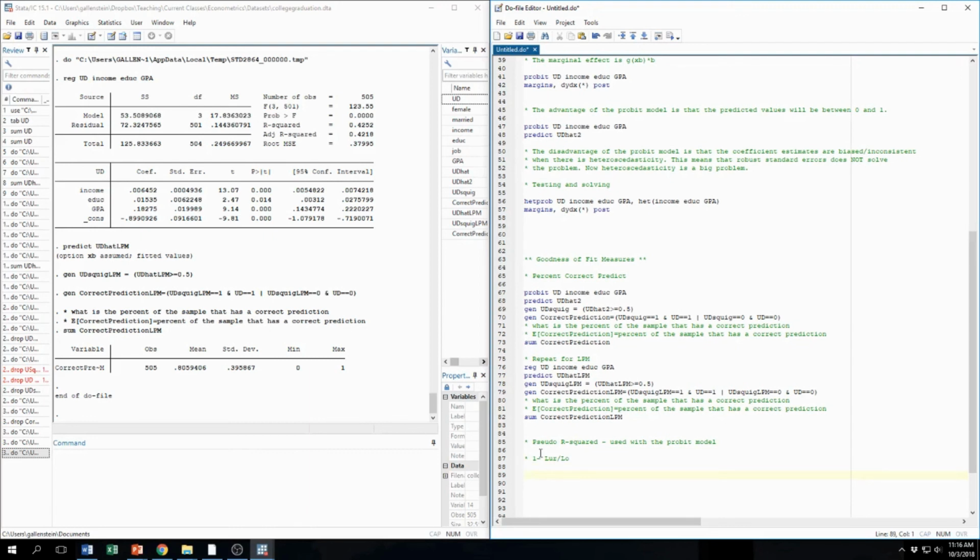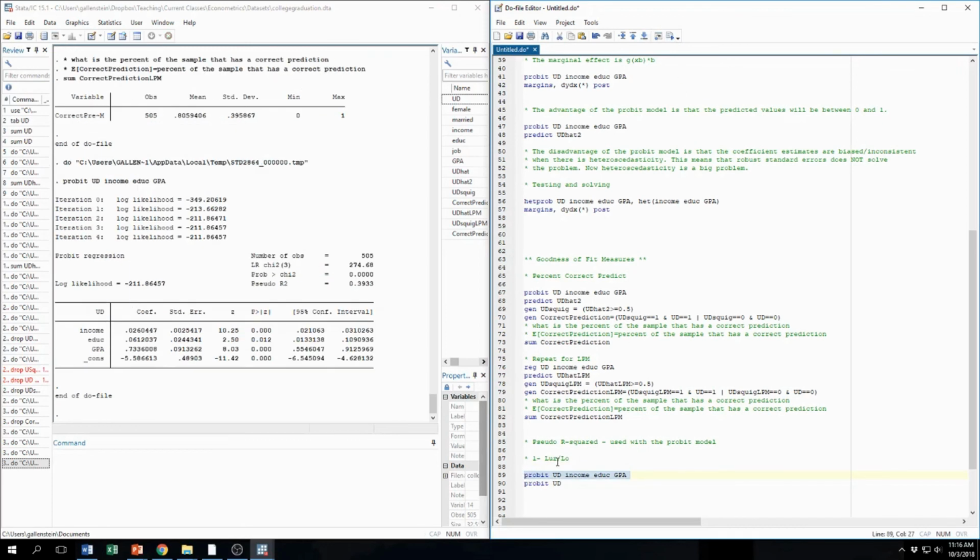Let's clarify what we mean by that. The unrestricted model is the Probit model with all the independent variables. So that would be this one. L unrestricted is this value here.